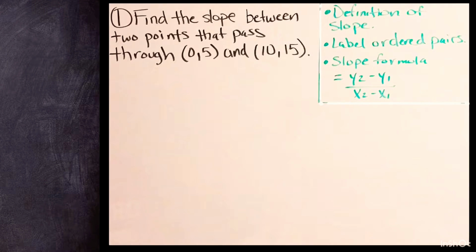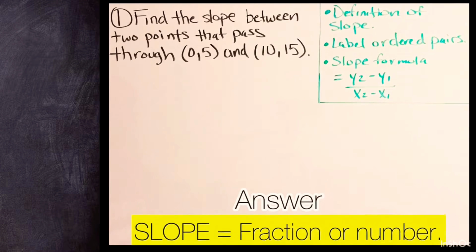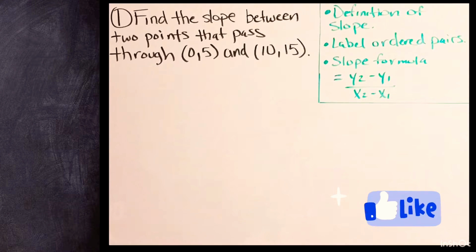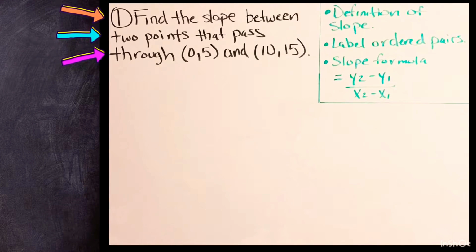When we're done going through all these things, the process of getting to our answer is usually going to be the slope equals a fraction or a number. Okay? So let's take a look at example number 1, where it says find the slope between 2 points that pass through 0, 5 and 10, 15.